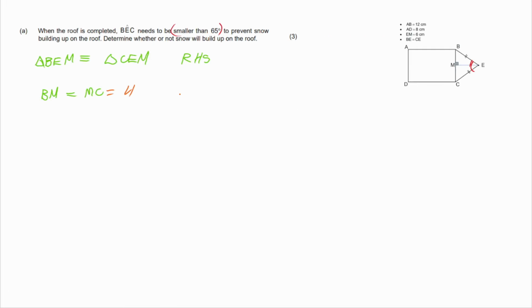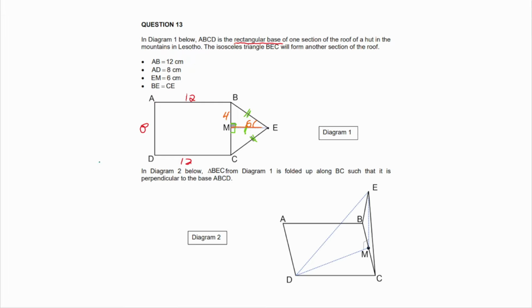The reason that this is equal to that, and this is 4 centimeters, is again because these triangles are congruent, triangle BEM and triangle CEM. So we know that this is 4, this is 6.